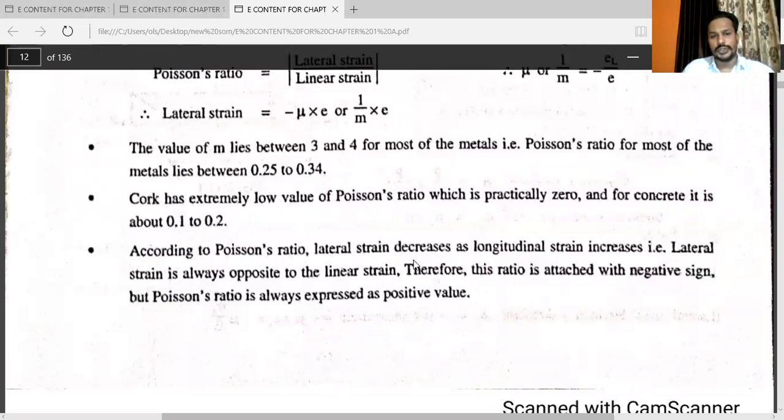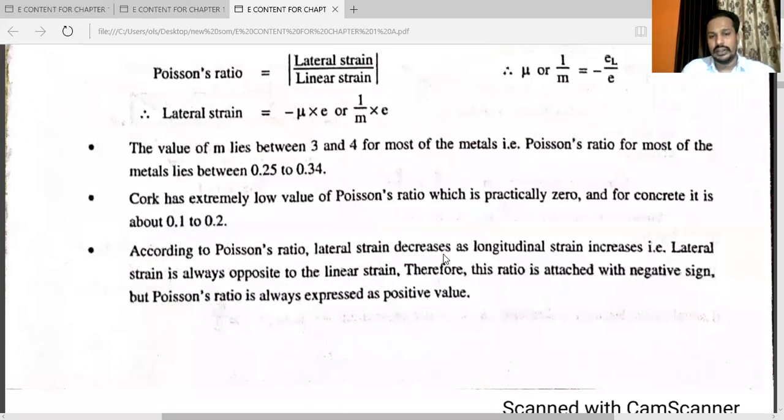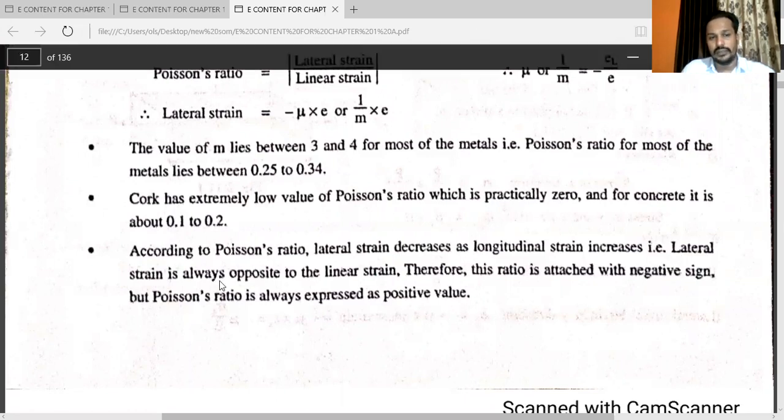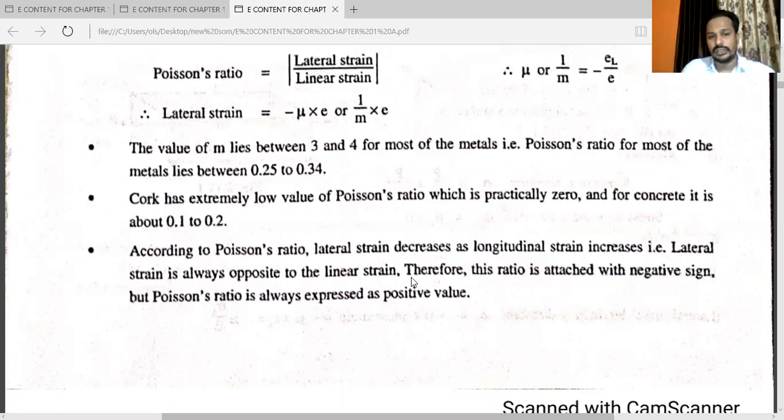According to Poisson's ratio, lateral strain decreases as longitudinal strain increases. That is, lateral strain is always opposite to linear strain. Therefore, the ratio is attached with a negative sign, but Poisson's ratio is always expressed as a positive value.